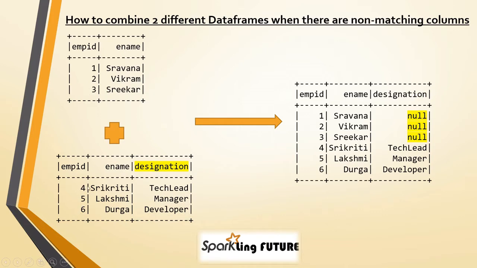And also we cannot join them because there are no common employee IDs, no common key between these two data frames. We have to check for a way to combine these two data frames, and the output should look like this, which has three columns, and it should have a merged output from these two data frames.